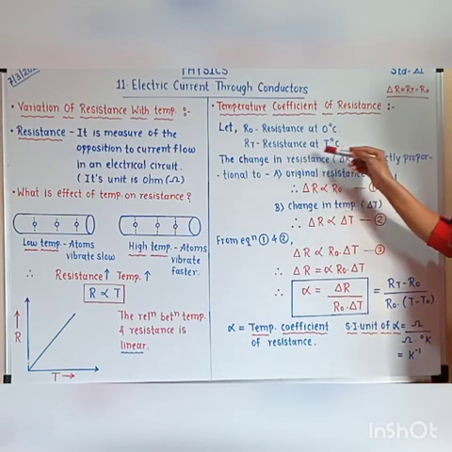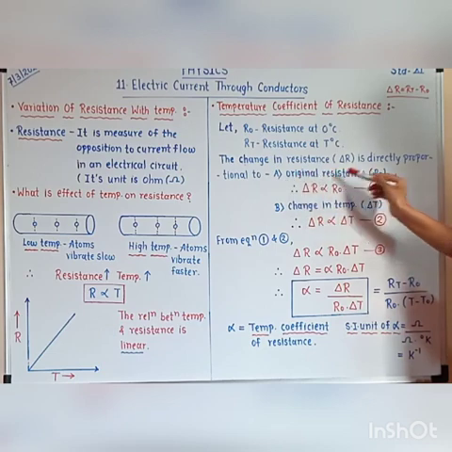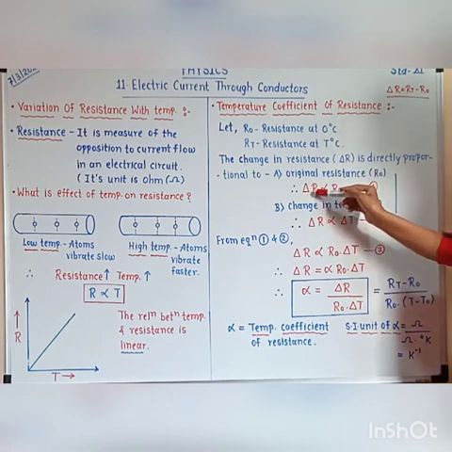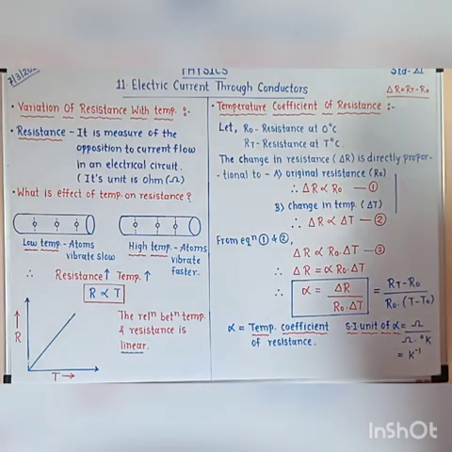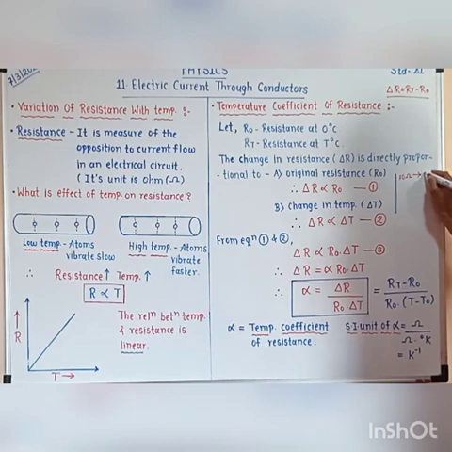So this change in resistance delta R is directly proportional to the first factor, original resistance, that is R0. If original resistance increases, change in resistance also increases. For example, if initial resistance is 10 ohm and we increase it up to 20 ohm, then delta R is equal to 10 ohm.